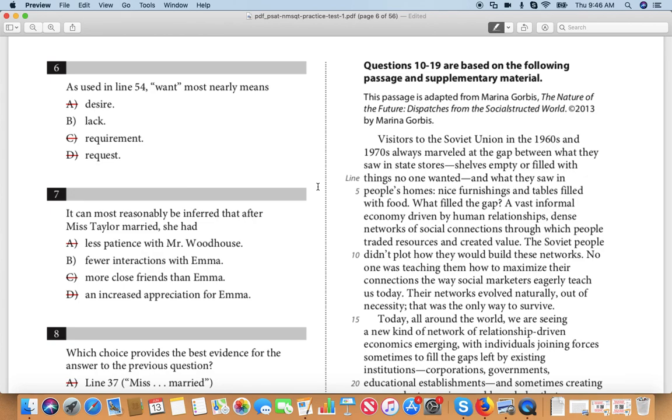I don't think that is the answer. Yeah, I agree with you. Why not? I don't really see evidence. Is there a discussion about technology anywhere in that paragraph?